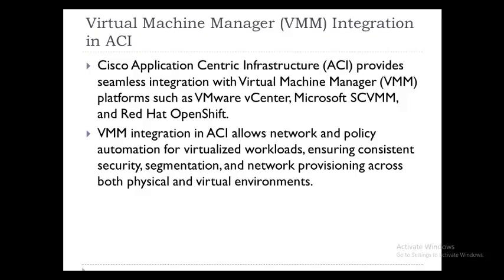VMM integration in ACI allows network and policy automation for virtualized workloads, ensuring consistent security, segmentation, and network provisioning across both physical and virtual environments. So this is what I just said. You not only have a physical device attached to the ACI, you can have a virtual device. For those virtual devices, you can have policies same as what we used to have for physical devices.